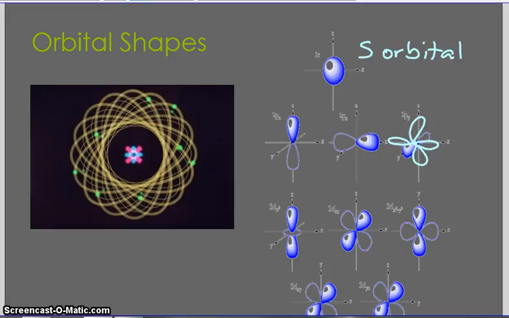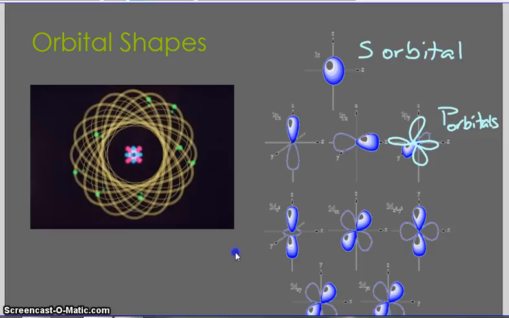So they all intersect that main point, and then the electrons within that p sublevel could move anywhere within that section. A p sublevel is a higher energy than an s sublevel.